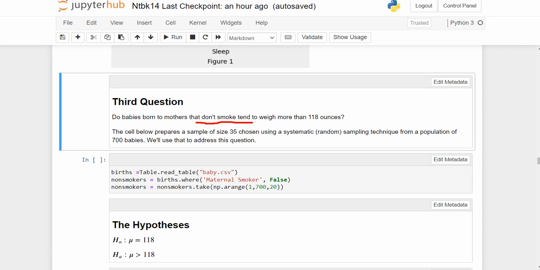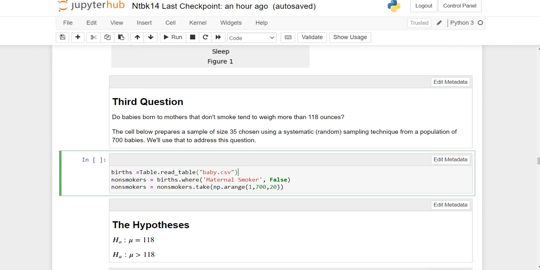The null hypothesis is that the average birth weight for the babies of the non-smoking moms is 118 ounces. And notice we're expecting an even greater number than that, the average birth weight to be greater than 118 ounces.